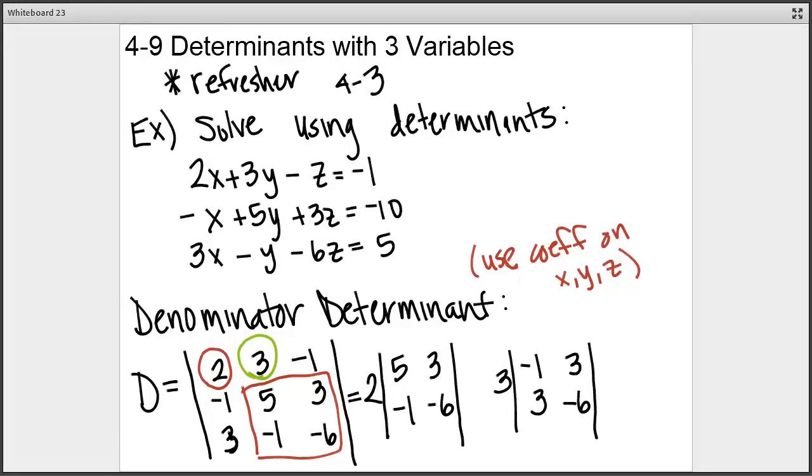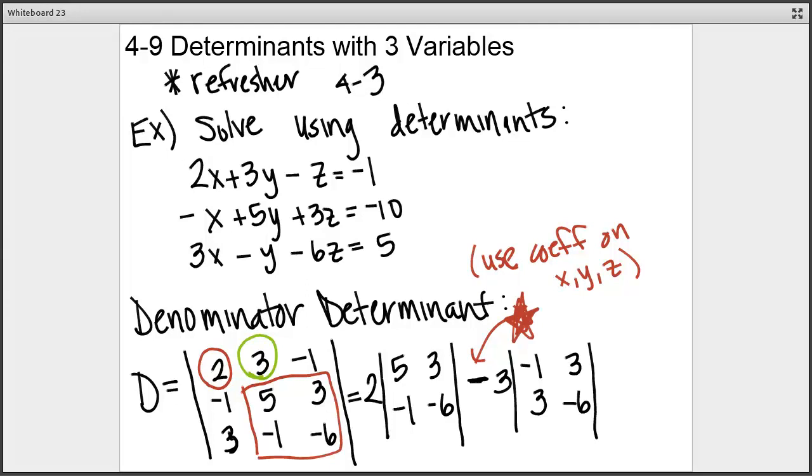Now, here's a super important part, and that is this is a minus sign right here. Super, uber, duper important that you remember that. Put a star. The middle one is a minus sign right there. Okay.